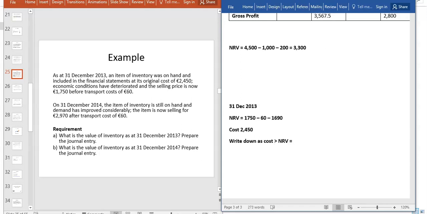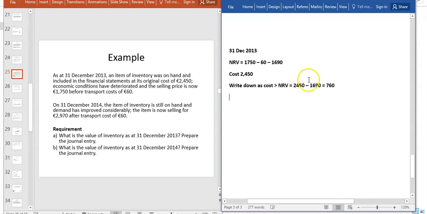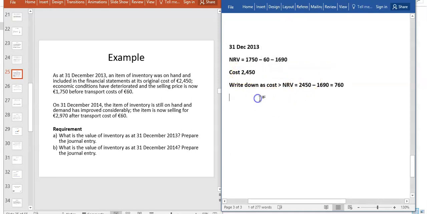You have overstated the inventory in the accounts because it's in there at 2,450, whereas you can only get 1,690 from it. So that means you have a write down of 2,450 minus 1,690. The inventory is overstated by 760. It's in at 2,450, should only be in at 1,690.